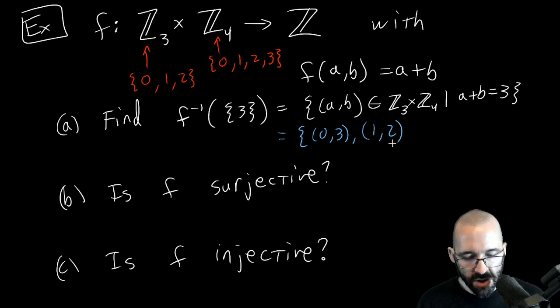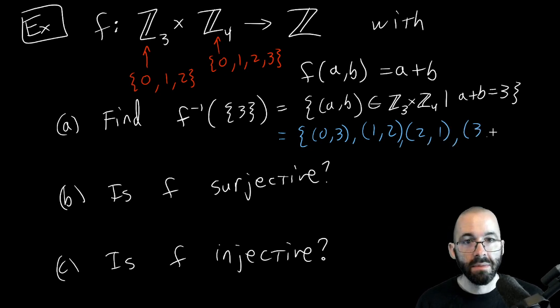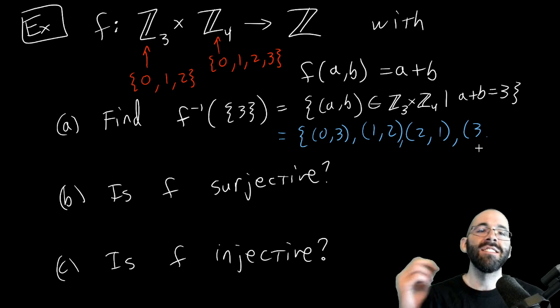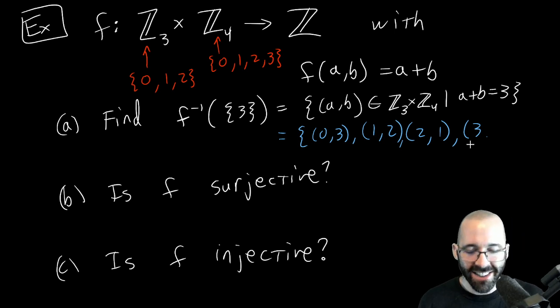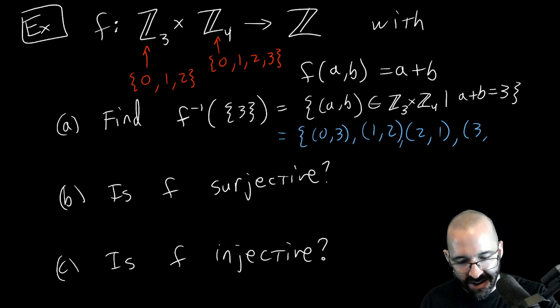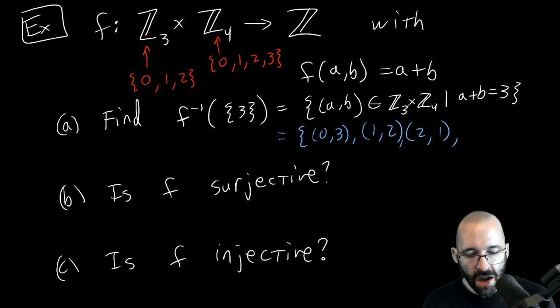Nothing else to add to. 2 could go to 1. Or 3 can go, whoop. Uh-oh, what's wrong with this? Right? 3 is not in Z3, regardless of what you might think. All right, so that doesn't work. We also have all the flips as well.